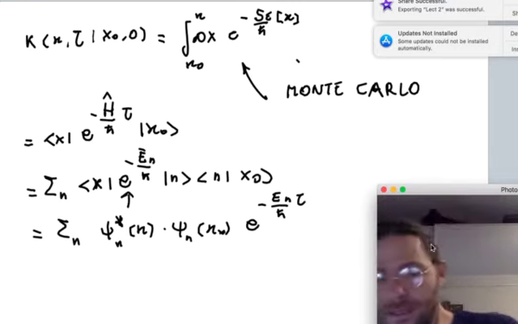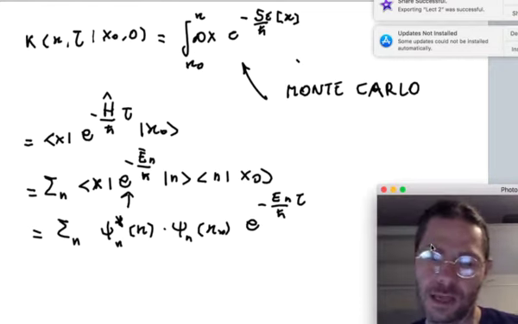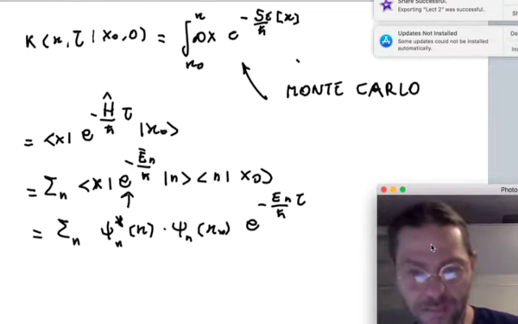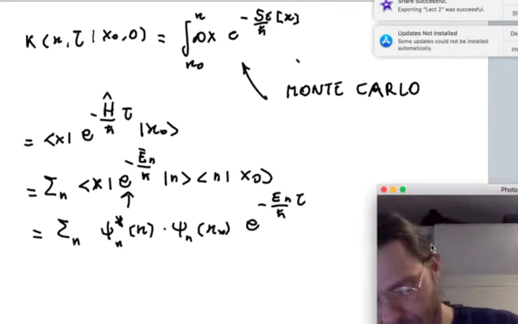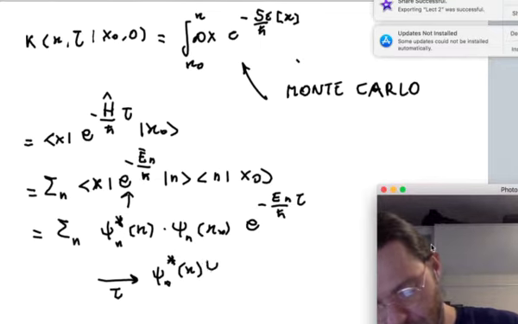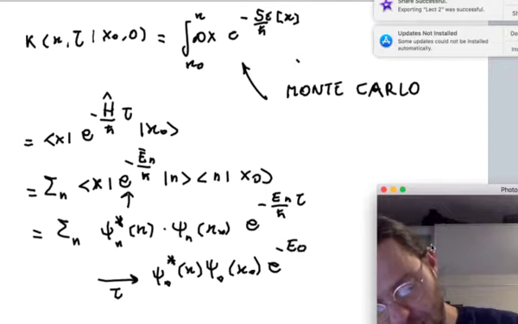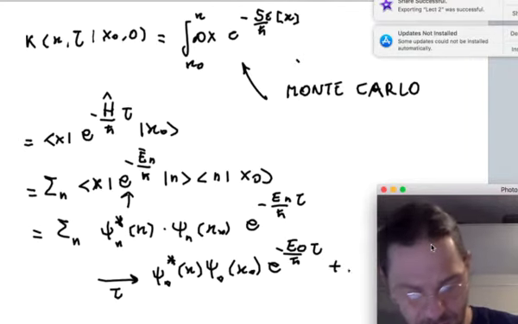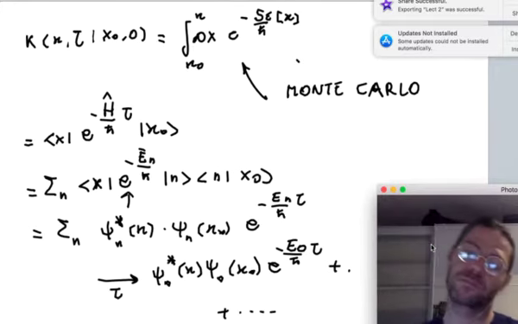Now, like I said in the course, I expect this sum in the limit of very large times to be dominated by a single exponent, the ground state exponent, because all other terms will be exponentially suppressed with respect to this. Those are the exponential corrections.